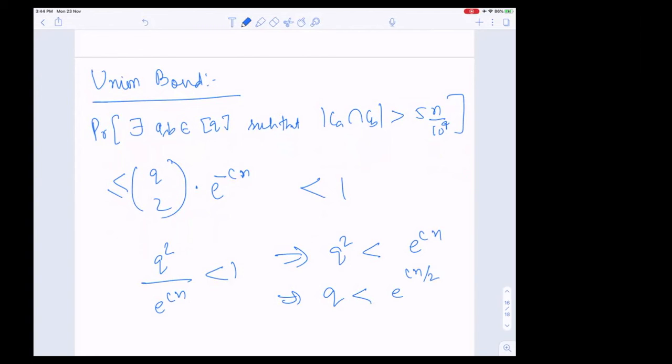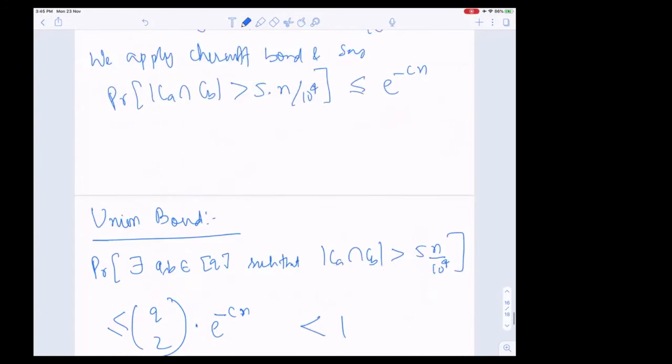So if the number of sets we choose is smaller than e to the power Cn over 2, then we are good, because there exist sets C1 to Cl such that each set has size n over 100, the number of such sets we can create is roughly e to the power Cn over 2, and the pairwise intersection is upper bounded by 5n over 10 to the power 4, which is much less than what we asked in our theorem.